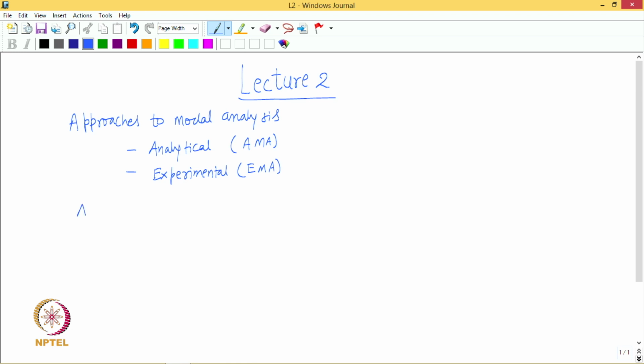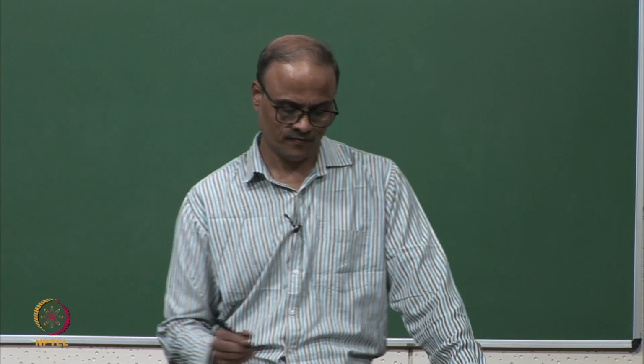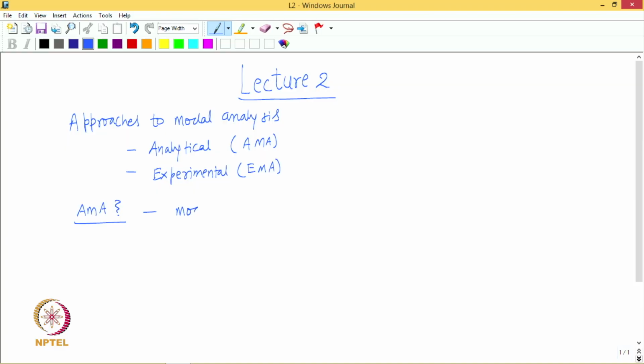So, what is analytical model analysis? Analytical model analysis is based on a mathematical model of the system, which is in the form of a spatial model, right. So, it is model analysis based on a spatial model of the system. And what is spatial model?